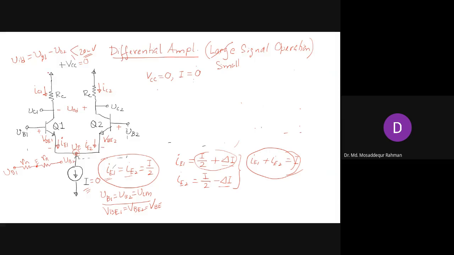So if you do that, then what happens? This gets connected to ground, and you will not have the current source. And VB, the bias voltage, since we have removed the bias voltage, will also be set to 0.